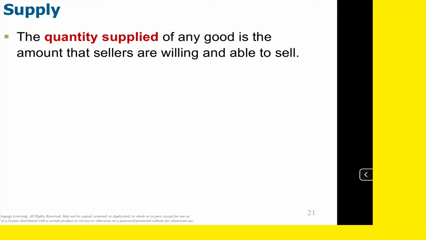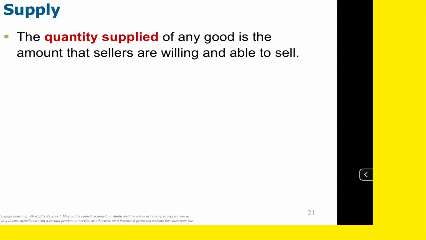Why would it be lower? If they thought they could sell them at $20 a bag, how many do you suppose they would supply? More. Oh my gosh, a near infinite amount, right? Billions and billions of bags of peanut M&Ms at $20 a bag, willing and able to sell, if they can actually make that many.